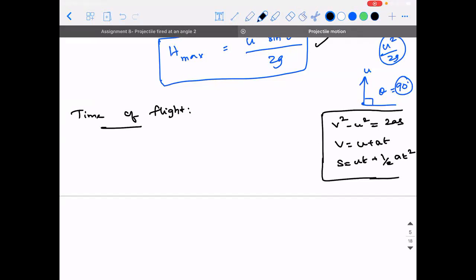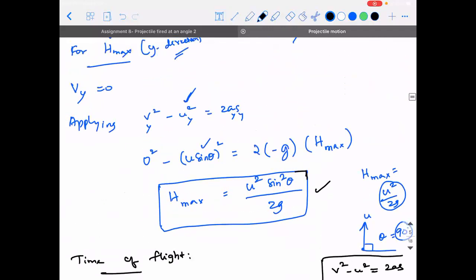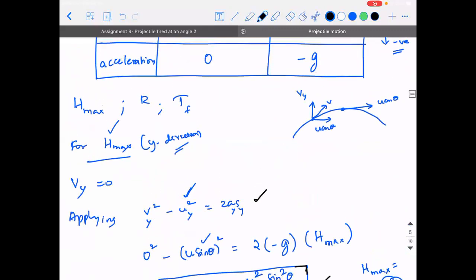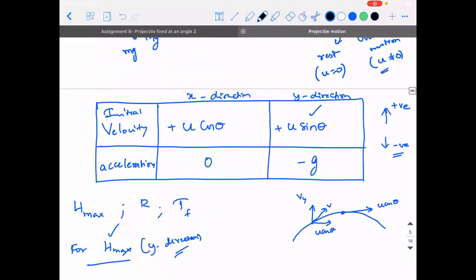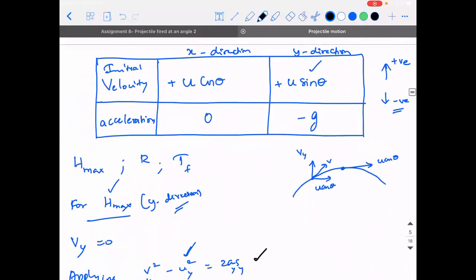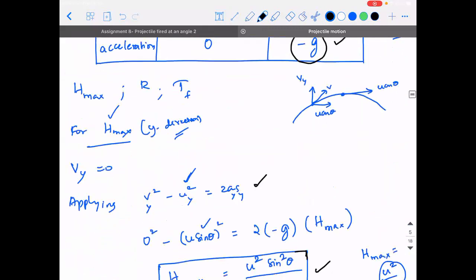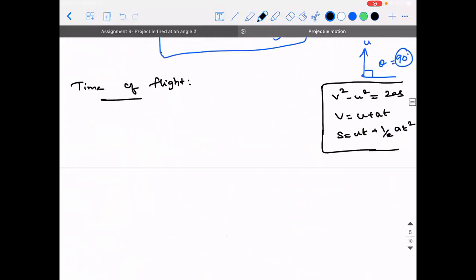So in this case, are we allowed to apply them? Yesterday I applied a formula, but before that we didn't think, are we allowed to apply this formula? Because the only acceleration acting on the object is the acceleration due to gravity, and we know that the acceleration due to gravity is constant near the surface of the earth. So that is why we are able to apply these equations.